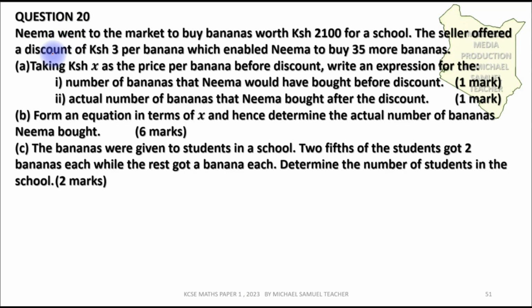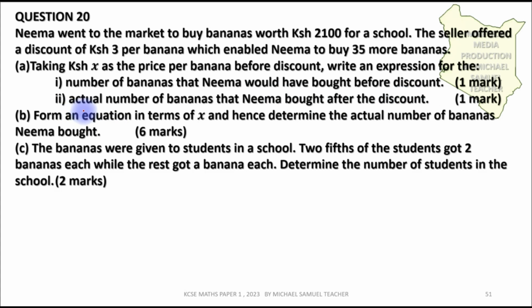Question number 20. Nema went to the market to buy bananas worth 2,100 shillings for school. The seller offered a discount of 3 shillings per banana, which enabled Nema to buy 5 more bananas. Part A of the question. Taking X shillings as the price per banana before discount, write an expression for Roman 1, the number of bananas that Nema would have bought before discount.